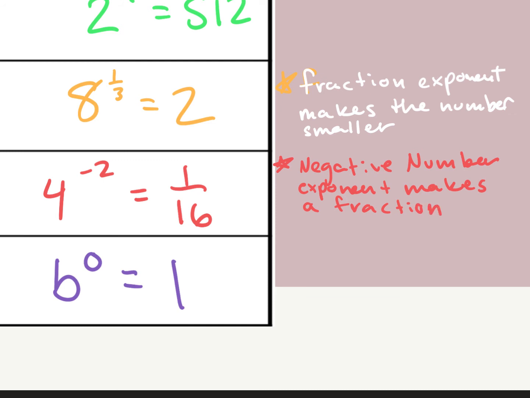So negative number exponent makes a fraction. And then the last one here, what does the exponent of 0 do to your number? It makes your number 1. So 0 exponent makes 1.